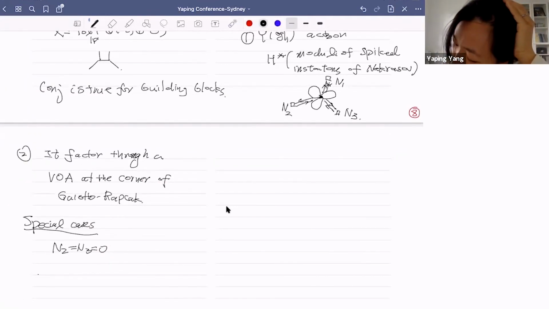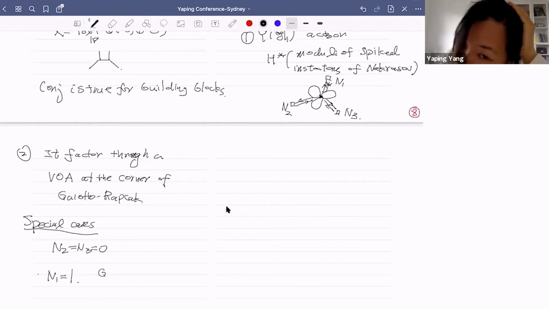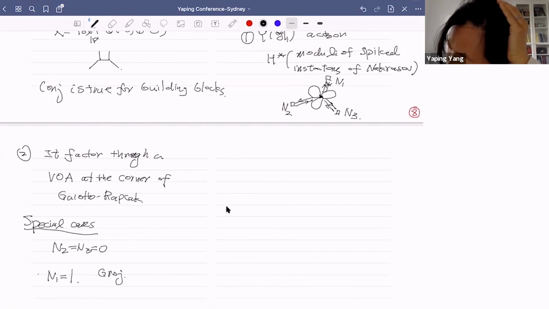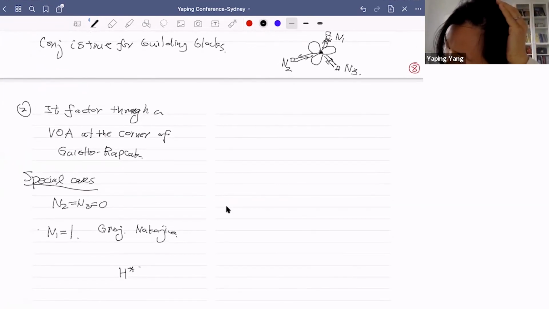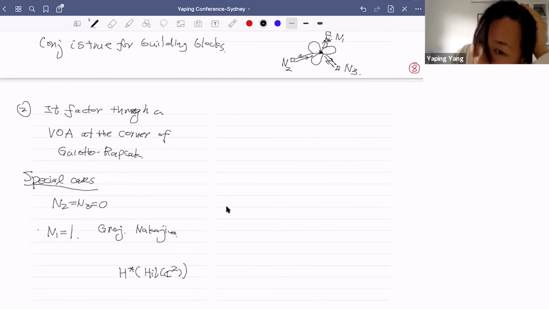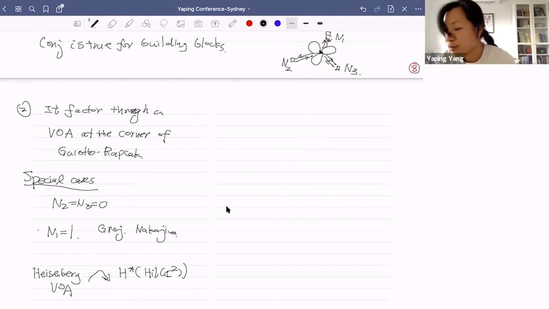And in this example, if I'm taking my framing N1 to be 1, this theorem is an old theorem of Grojnowski and Nakajima, saying the moduli space will be the Hilbert scheme of points on C2. And so this VOA is the Heisenberg VOA. So it's the action of the Heisenberg VOA on this cohomology of Hilbert scheme of points on C2.